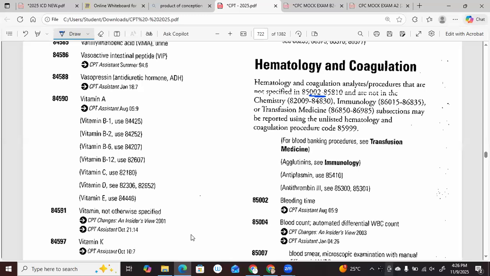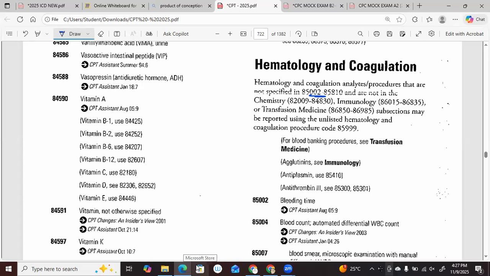Our first code is 85002, bleeding time. This code represents the coagulation factor. What is the coagulation factor in the patient's body? With that we will be representing 85002. Next we have the complete blood count.